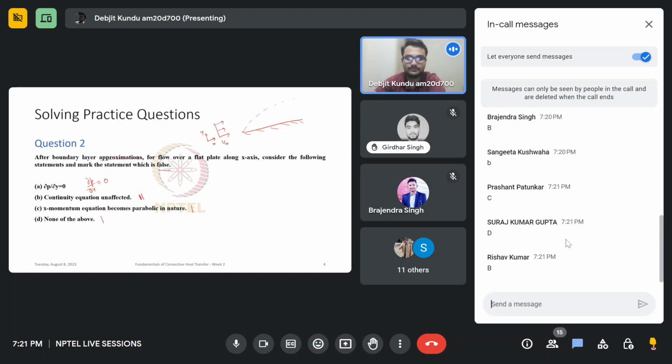There's no hurry. Take your time and try to figure this out. Another response in favor of option B. Another one in favor of option B. Option B seems to be the popular choice this time.